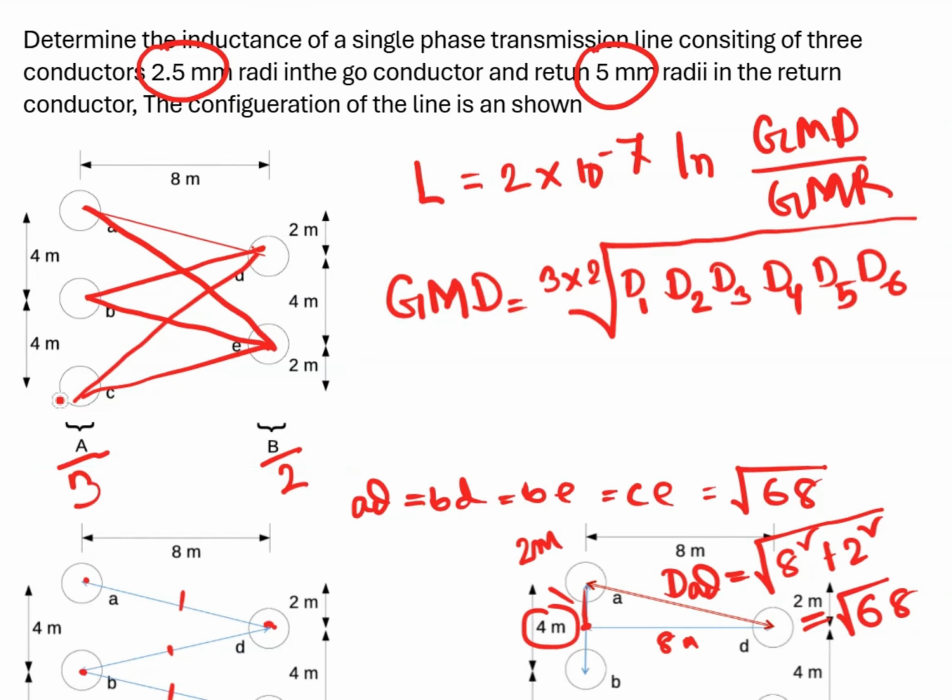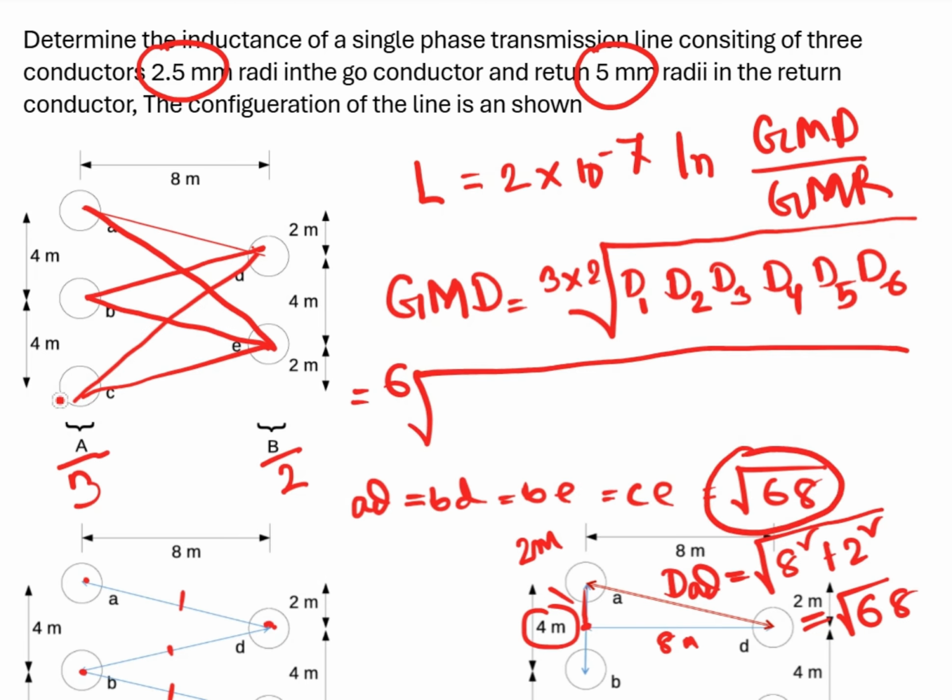So what we have, here four distances are square root of 68, so it will be square root of 68 to the power 4, as four distances are the same as square root of 68, and another two distances, that is 10, so there are 2, so it will be the value of square.